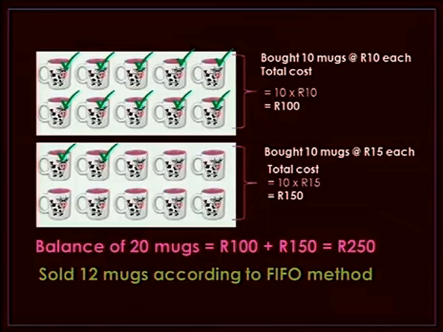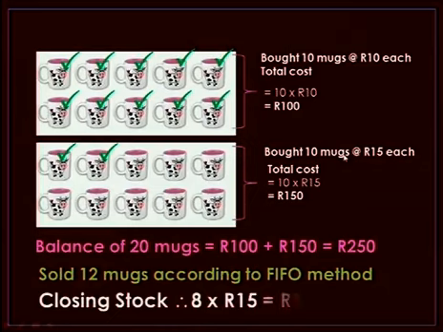And in the end, I'm left with 8 mugs, which is from the second batch at 15 Rand. So if I want to work out the value of my closing stock, I have to say 8 mugs, there they are, at 15 Rand each. That gives me 120 Rand. That's the value of my closing stock using the first in, first out method.